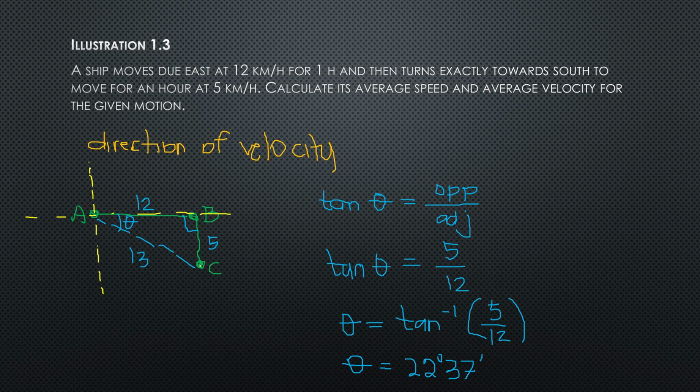So now the final position of the ship is 22 degrees 37 minutes below the east side, right? So therefore I could say that this is 22 degrees 37 minutes south of, what side is this? East. This is simply the direction of the velocity.